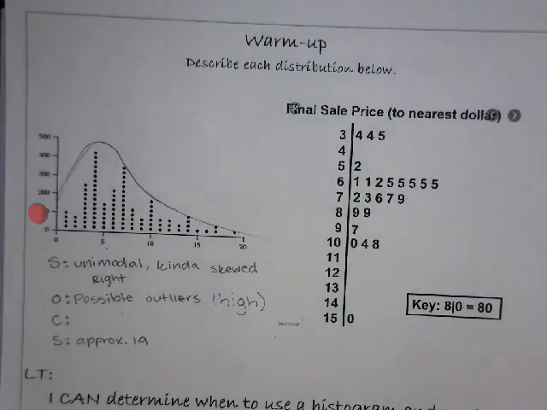Now, for finding the center, we can see all the dots, all the pieces of data. So we're going to find that actual center dot, which means, yes, you have to count dots. It's not fun, but you have to do it.